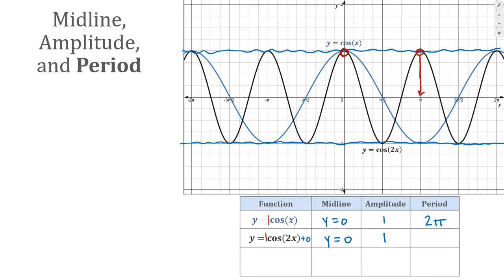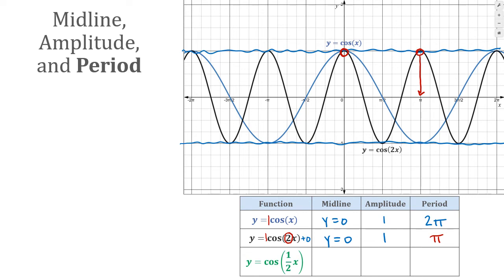It's repeating at pi. So it's half of the period. So when we had a 2 on the inside of this function, in this argument, the period became half of what it was before. All right, let's remember that, and let's look at another example.